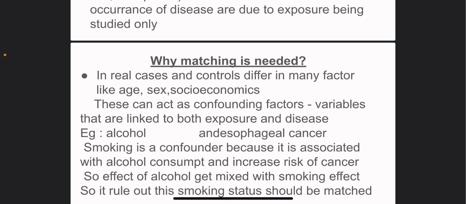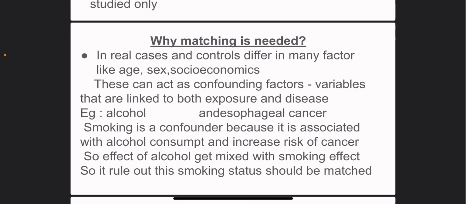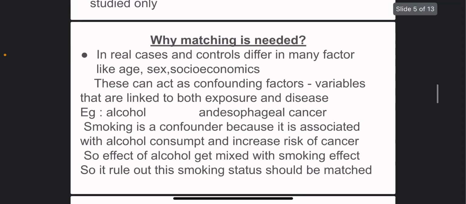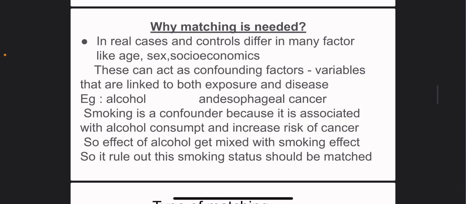Okay, for example, if you're studying the exposure alcohol consumption and esophageal cancer, in that study, smoking is a confounding factor because smoking is associated with alcohol consumption and also it increases the risk of cancer. So the effect of alcohol gets mixed up with smoking effect. If a person is both alcoholic and a smoker, you can't say which factor contributes to his cancer. Okay, the effect will get mixed up.